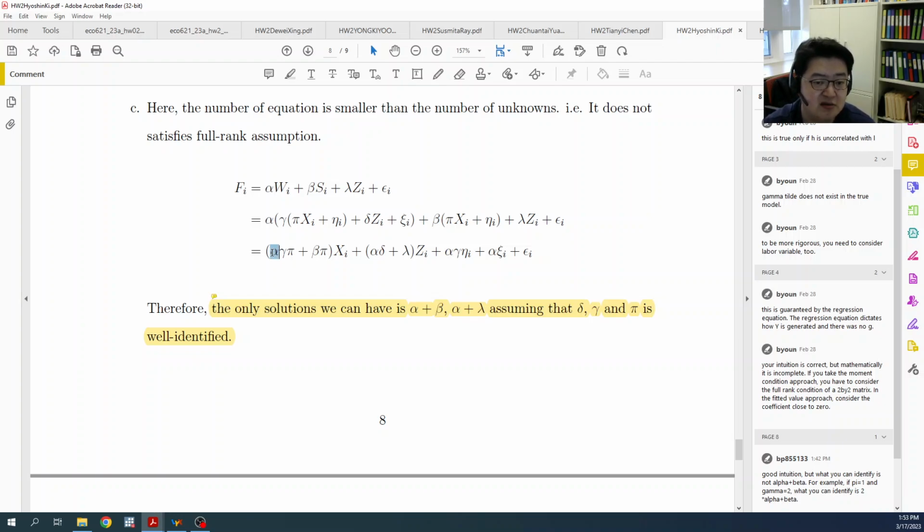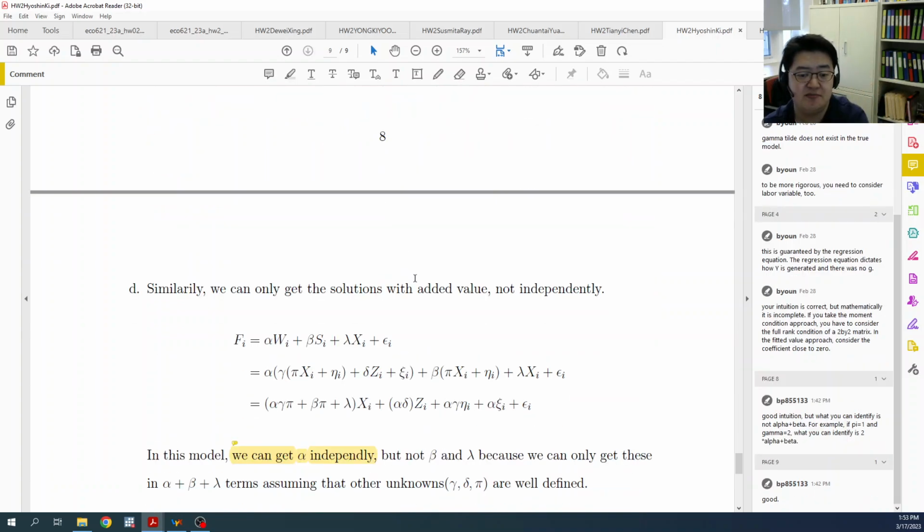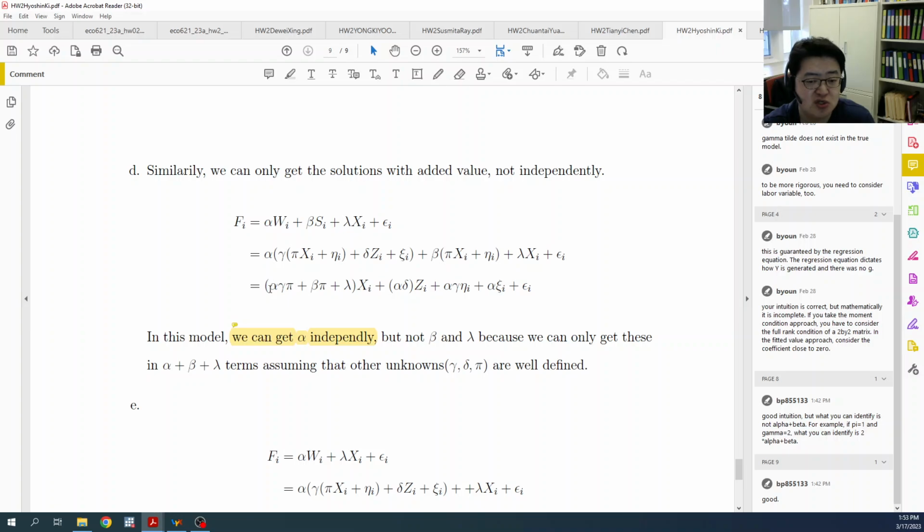But the problem is still you have 3 unknowns, alpha, beta, lambda, from 2 pieces of information. The information you have is the coefficient of x and the coefficient of z. Even if you know the first 2 stages' parameters, still there are 3 more unknowns. So that's the problem, right? Same idea, same intuition holds here.